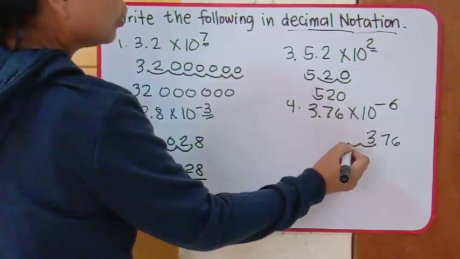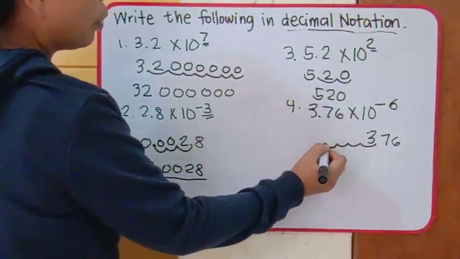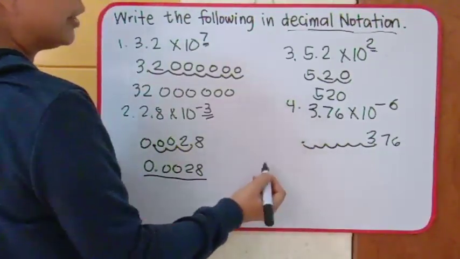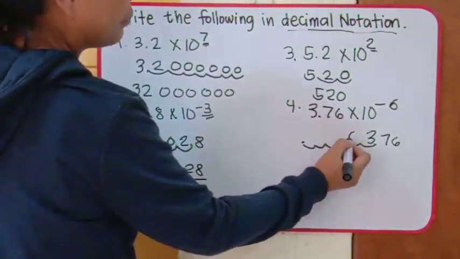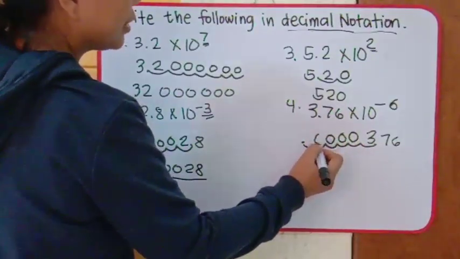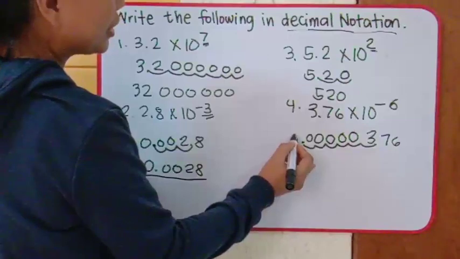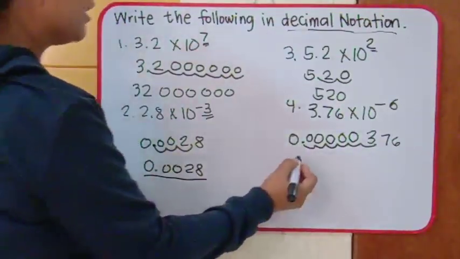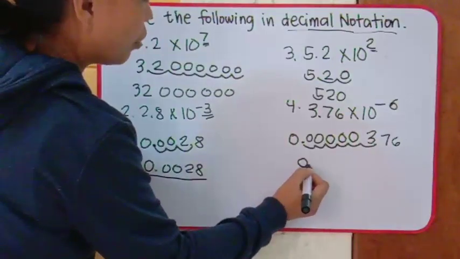So 1, 2, 3, 4, 5, 6. So this will be the new location of the decimal point. So we just have to put 0 here on the blank spaces. Okay, then we will just write 0 in front of the decimal point, left side. So the answer will be 0.